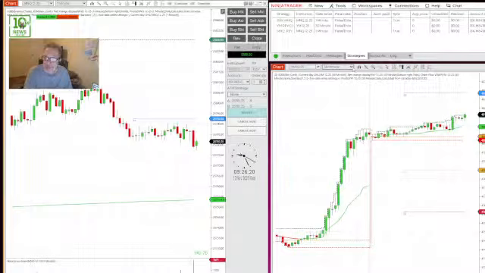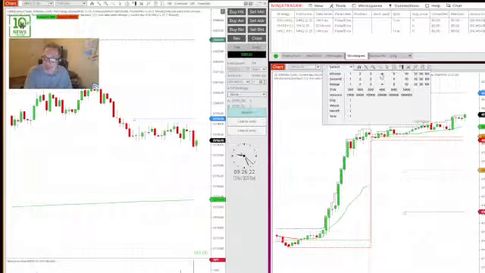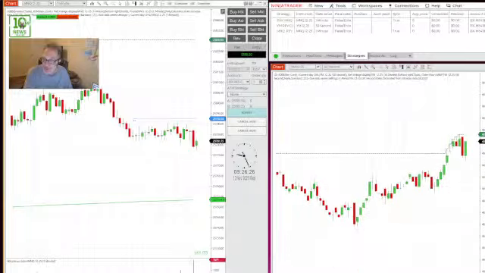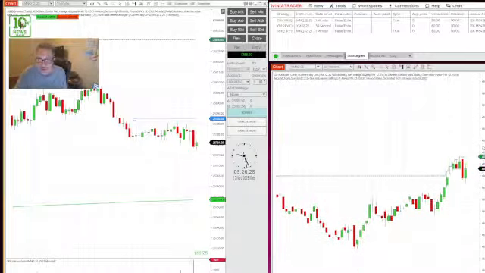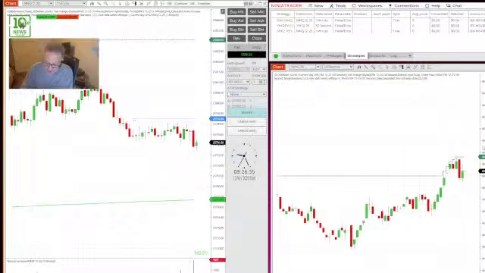It doesn't mean a short isn't going to work, because at the open, we all know we get tremendous changes in direction. We do get tremendous changes in direction.